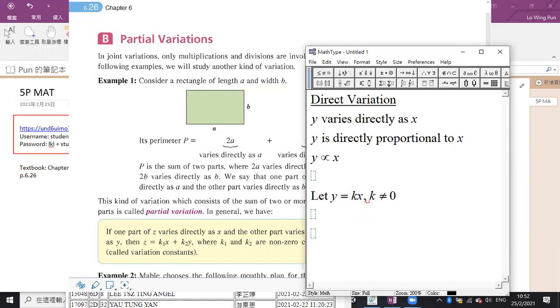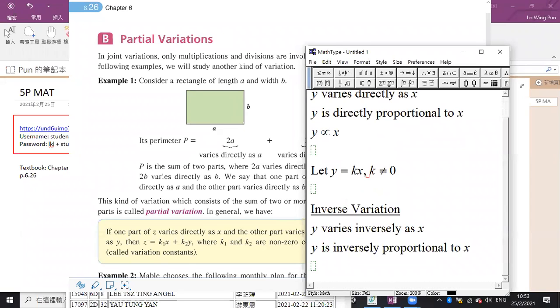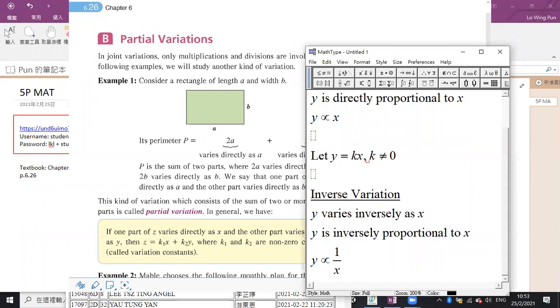The second one is called the inverse variation. You will see the keywords like y varies inversely as x, or y is inversely proportional to x, or y, this symbol, 1 over x.